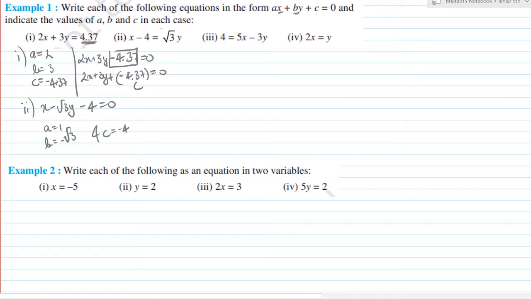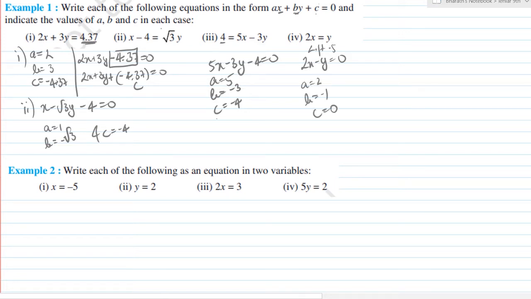Here also, get this 4 to this side, so it will be 5x minus 3y minus 4 is equal to 0, right? Anyways, this will become 0. So a is equal to 5, b is equal to minus 3 and c is equal to minus 4. And here there is no constant, so get all the terms to the LHS, and a is our 2, b is our minus 1 and c is equal to 0.